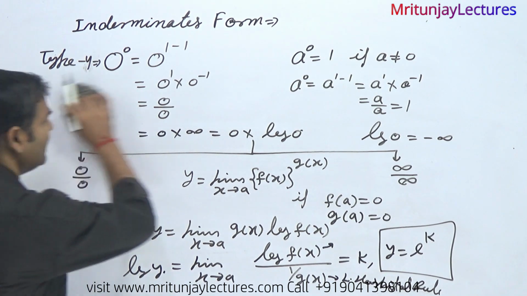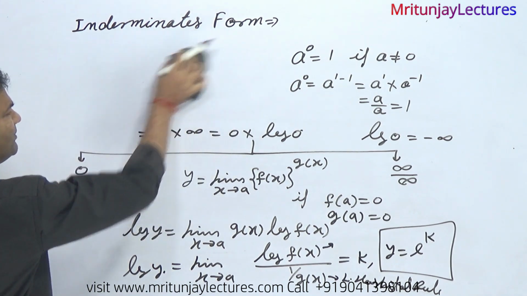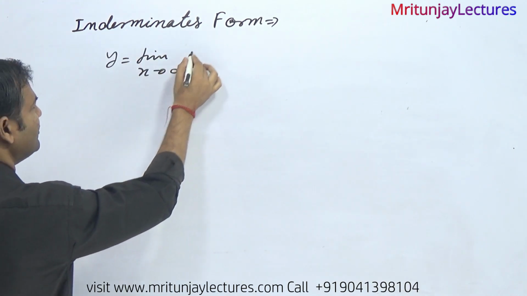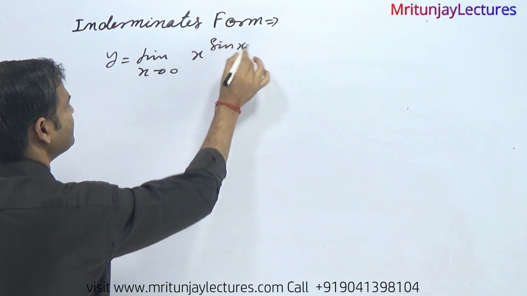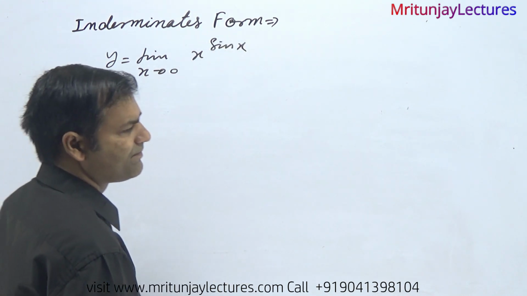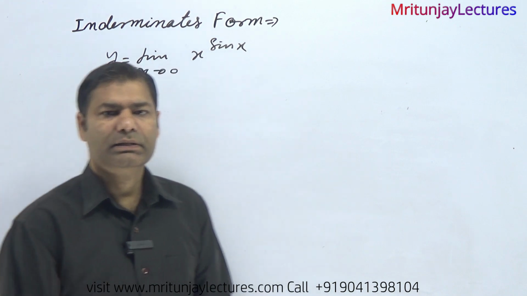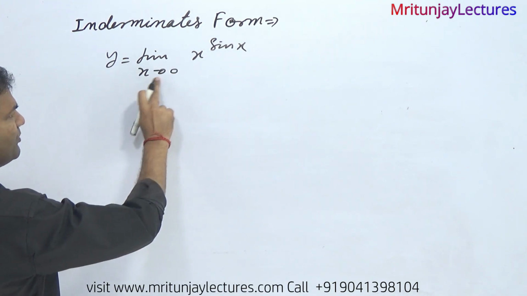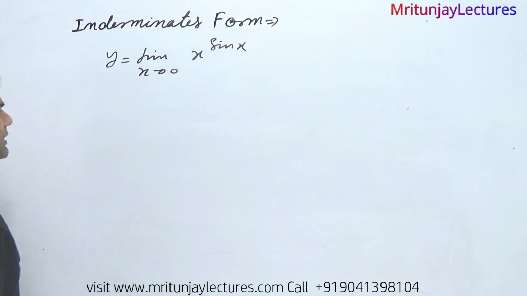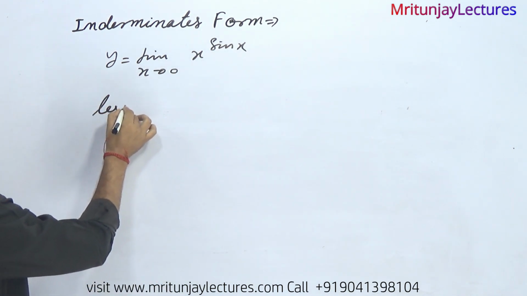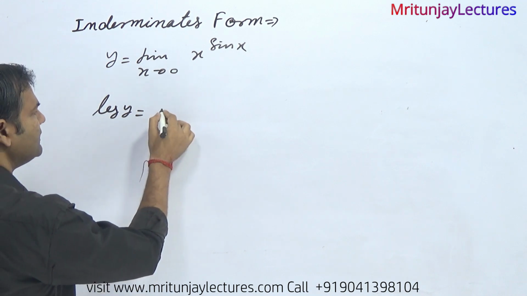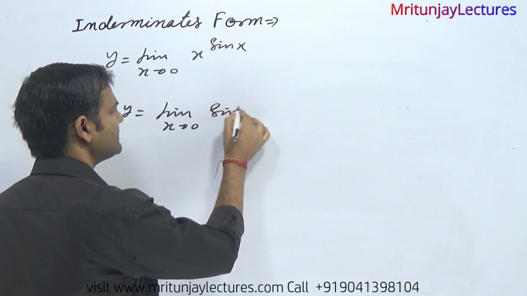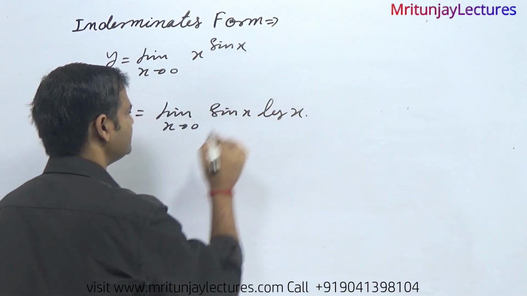Now let us consider a problem. y is equal to limit x tends to 0 of x to power sin x. Now how can we do it? First of all, put the value: 0 to power 0. Then take log on both sides: limit x tends to 0 of sin x into log of x.